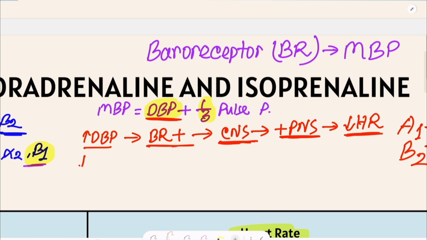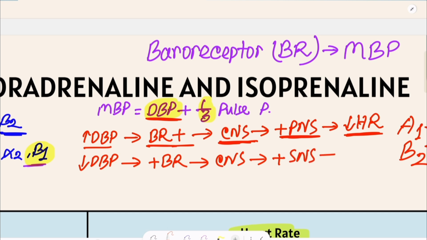Whenever diastolic blood pressure decreases, it also stimulates the baroreceptor. And baroreceptor sends the signal to the central nervous system. Central nervous system activates its sympathetic nervous system arm, and stimulation of sympathetic nervous system leads to an increase in heart rate.